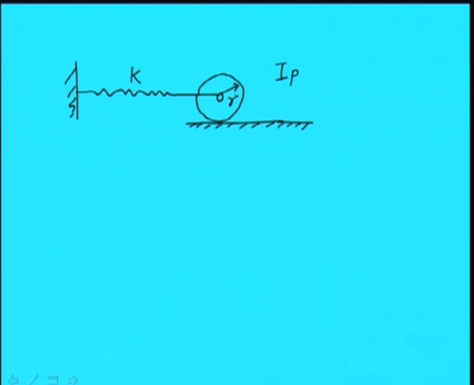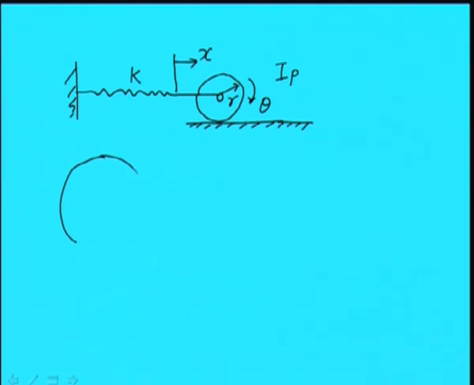Now we give a rotation to this roller, so that the spring gets stretched. Let us say the spring gets x extension because of this theta. These two quantities we can relate. How are they related?